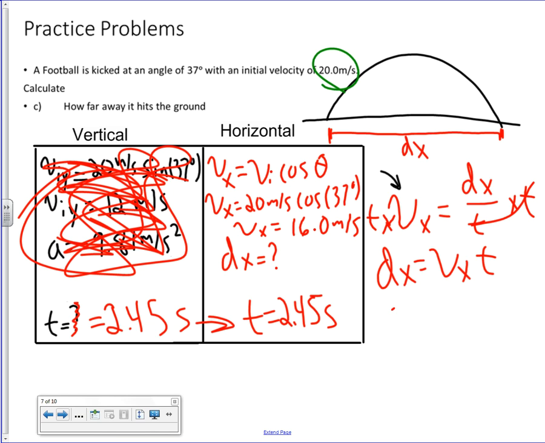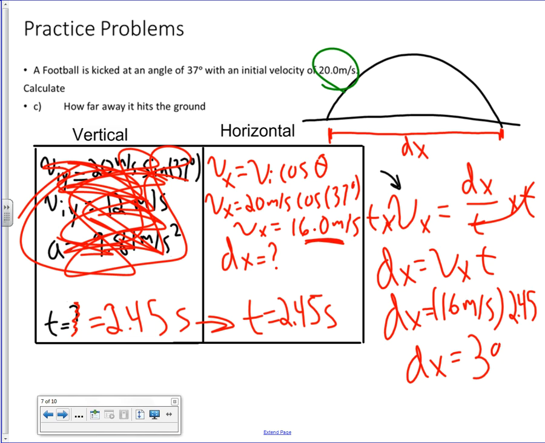Sub in our variables: we got 16 here, times the time, which is 2.45. We get a dx equal to 39.2 meters. That means the distance from where it was kicked is 39.2 meters.